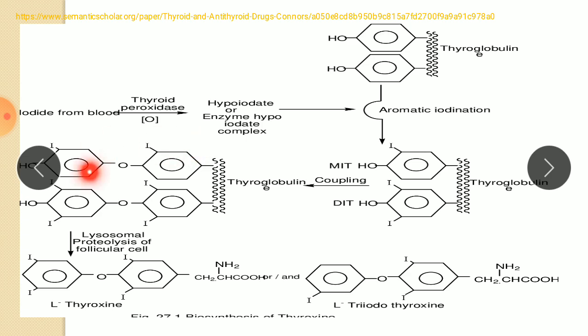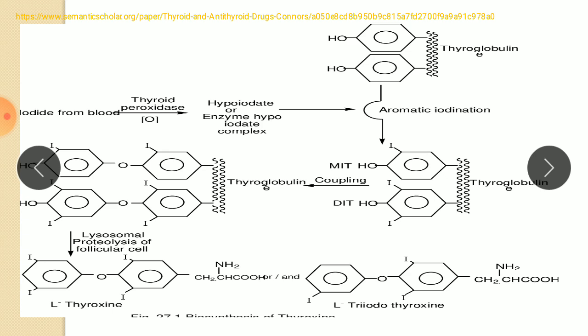So after the coupling reaction, there is a proteolysis, or a breakage. So here after proteolysis, we get four molecules. First one is MIT, that is monoiodotyrosine. Second one is DIT, diiodotyrosine. Third molecule is T3. Fourth molecule is T4.